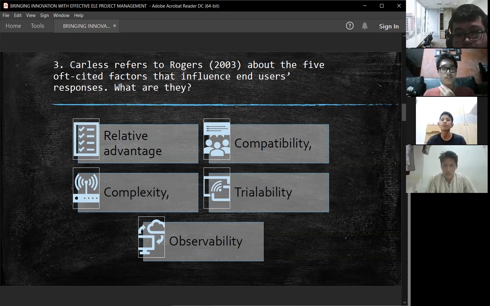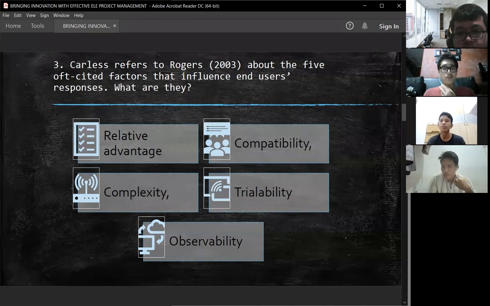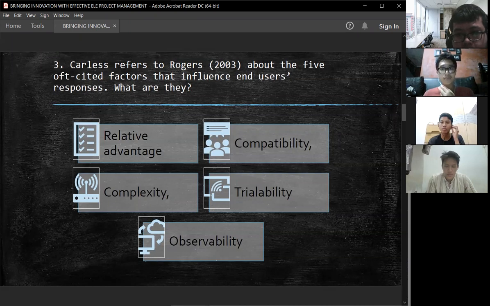The second one is compatibility, which is how well people can apply previous knowledge to comprehend how a new product works. The third one is complexity, which refers to how simple it is for individuals to grasp a new concept.